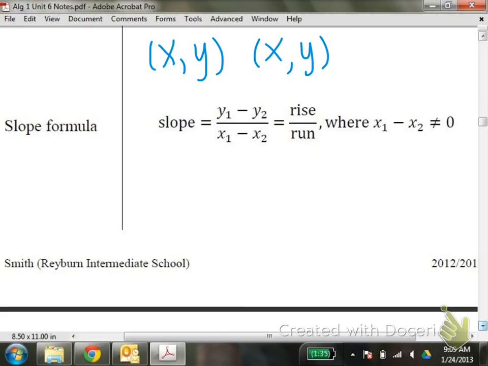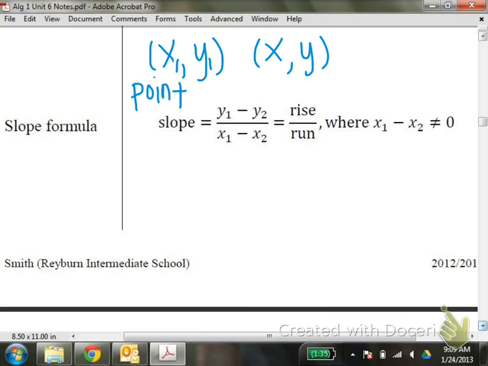If I have 2 points and I call them xy and xy, that would get confusing, right? So what we do is we label them. We'll call the first one point 1. That gives us x1 and y1. That's where we get the little ones from, because this one is point number 1.